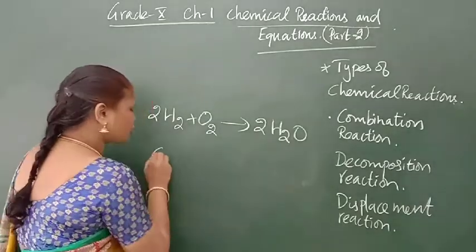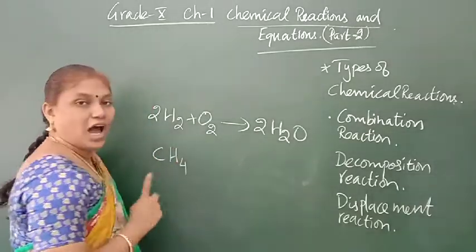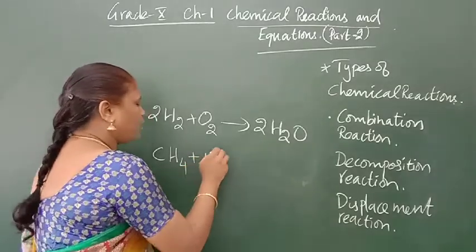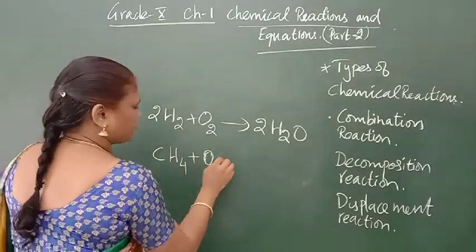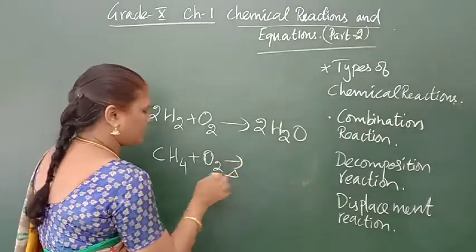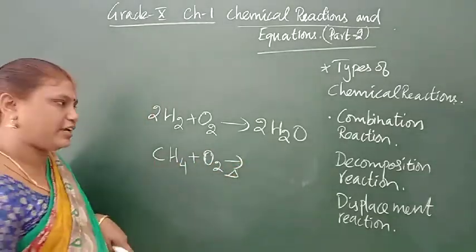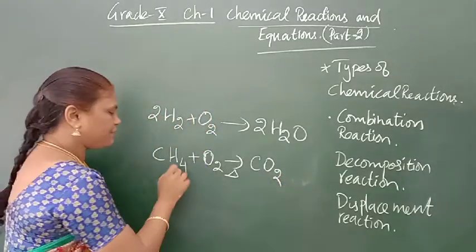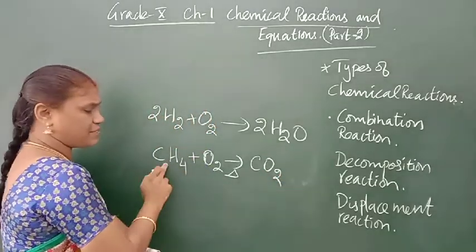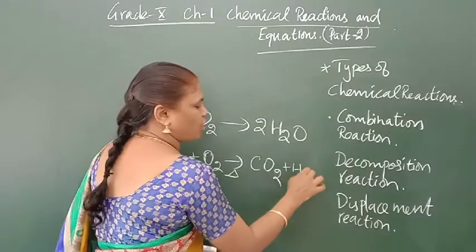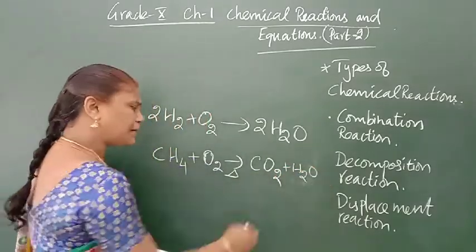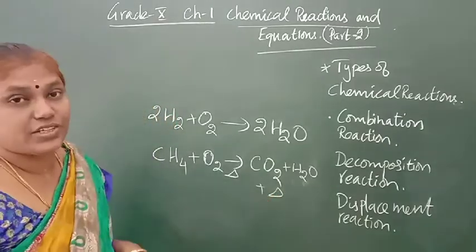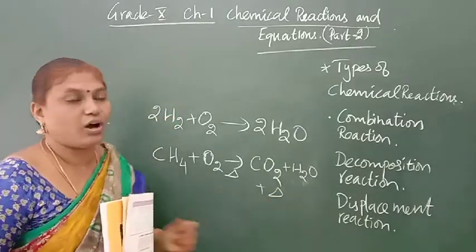You should know that when carbon undergoes combustion, when it reacts with oxygen and is heated, carbon compounds always give carbon dioxide. And when hydrogen is present, it also gives water molecules plus heat. Combination reactions are always exothermic.